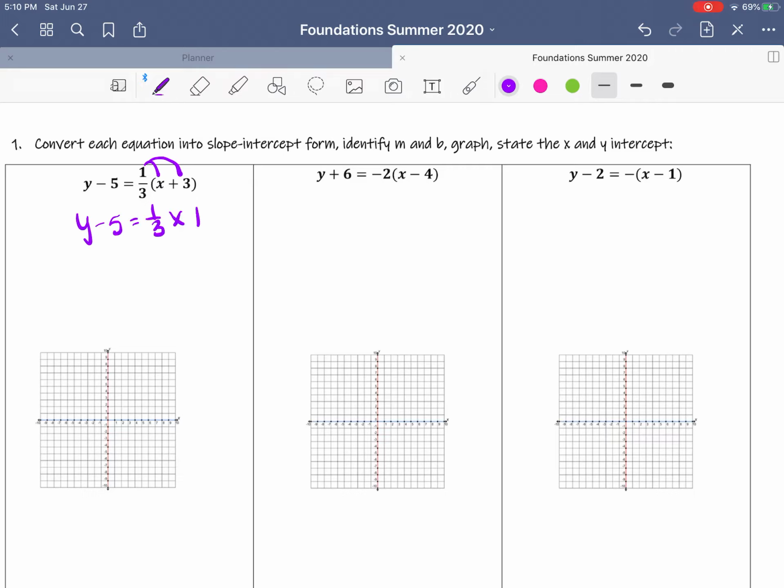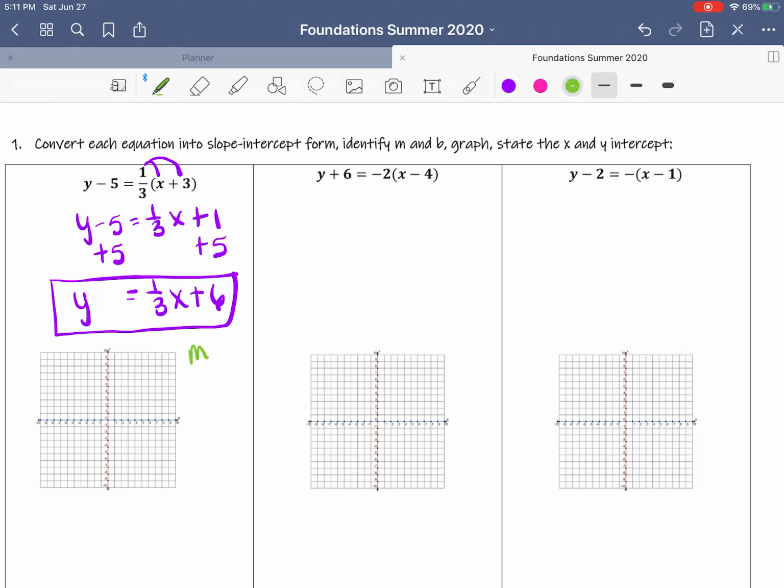1/3 x plus 1. Where did I get the 1? 1/3 times 3. The 3's divide and you end up with 1. And then I'm going to isolate y, and I end up with 1/3 x plus 6. This is slope-intercept form, where the slope is 1/3 and the intercept is 6, which remember is 0, 6.